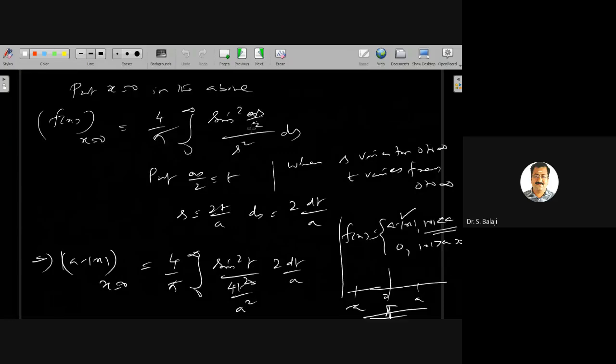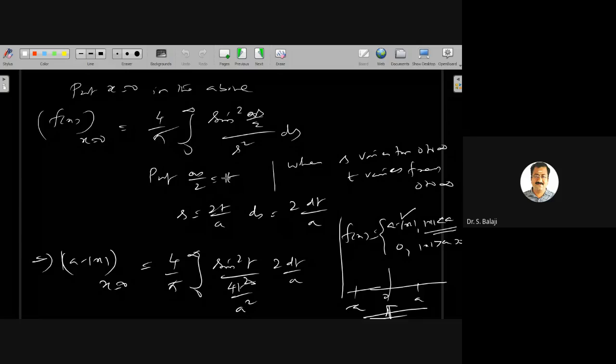Therefore, we get sine square (as by 2) by s square. We have to get this as a sine square t form. You take as by 2 as t. So s is equal to 2t by a. Correspondingly, ds is equal to 2 dt by a. By converting s to t form, there are some changes. And also, what about the limit when you change s to t here?